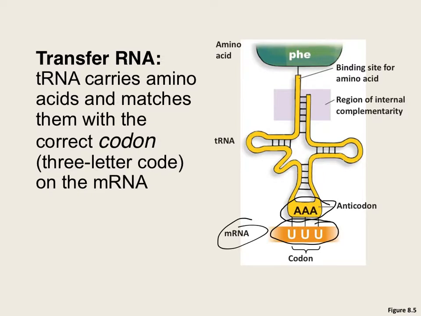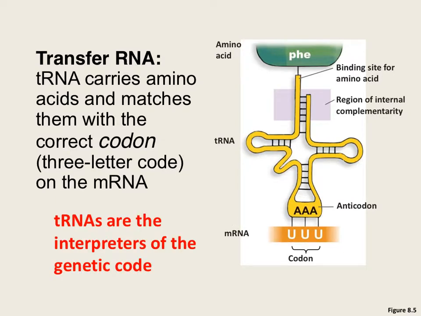So the tRNA then translates into a specific amino acid. There's a binding site, and there's this region of complementarity. And in this case, it makes an amino acid called phenylalanine. There are 20 amino acids total that humans use. There's actually more than that, but we don't use those. So tRNAs are actually the interpreter of the genetic code.